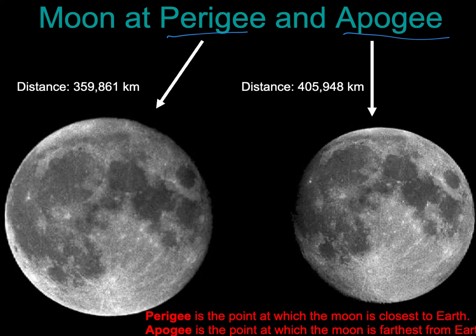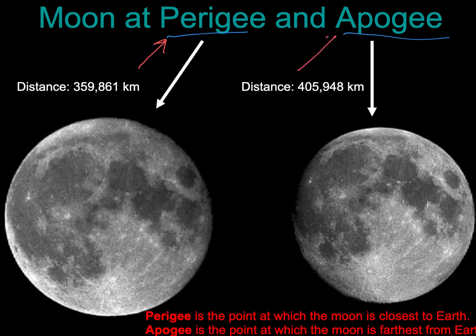Have you ever seen online when the news says there's going to be a supermoon? The moon isn't really particularly any more super than normal, but it does look a tiny bit bigger just because it's at the point in its orbit where it's slightly closer to the Earth.